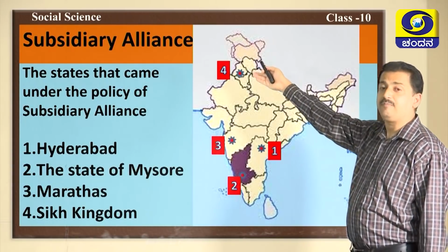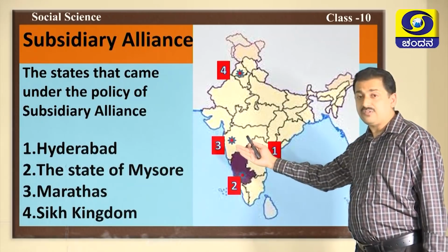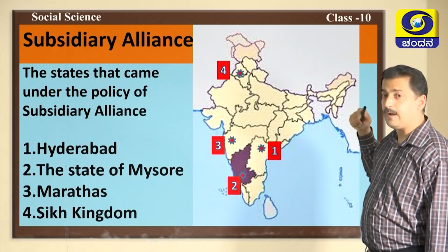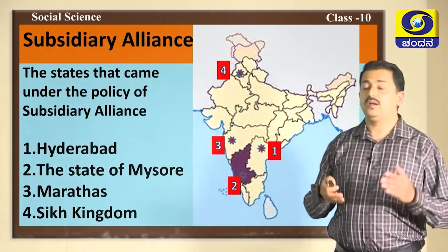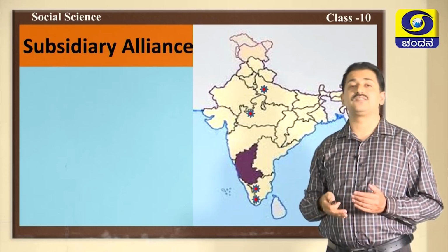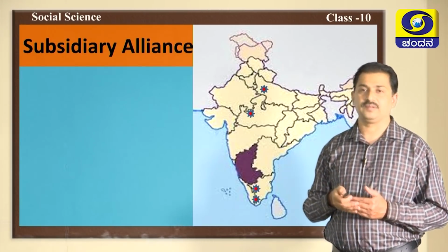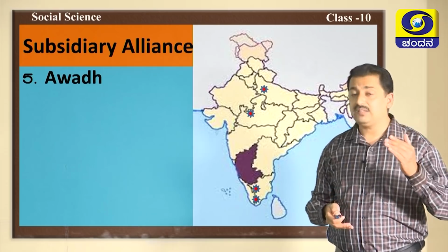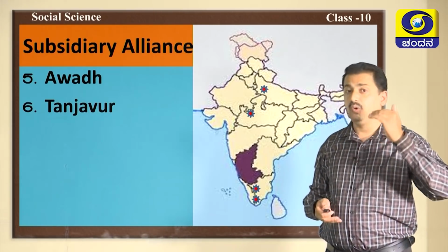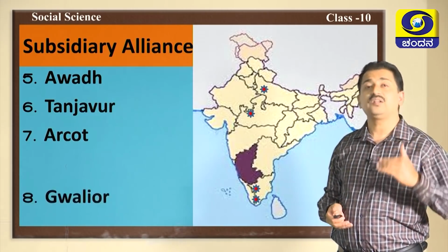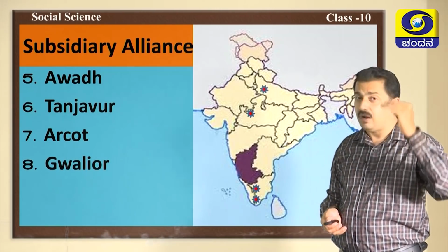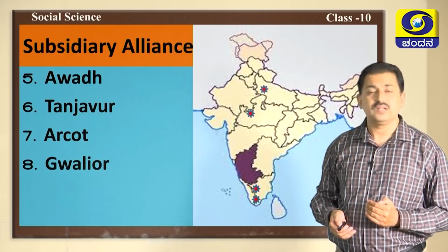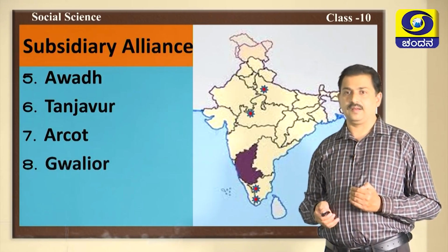Raja Ranjit Singh of Punjab, and even Bajirao II, the Peshwa of Poona, and the Nizam of Hyderabad, and also Krishnaraja Wadiyar III accepted subsidiary alliance. Likewise, Awadh, Tanjavur, Arcot of Carnatic, Gwalior, the rulers of all these states accepted subsidiary alliance.